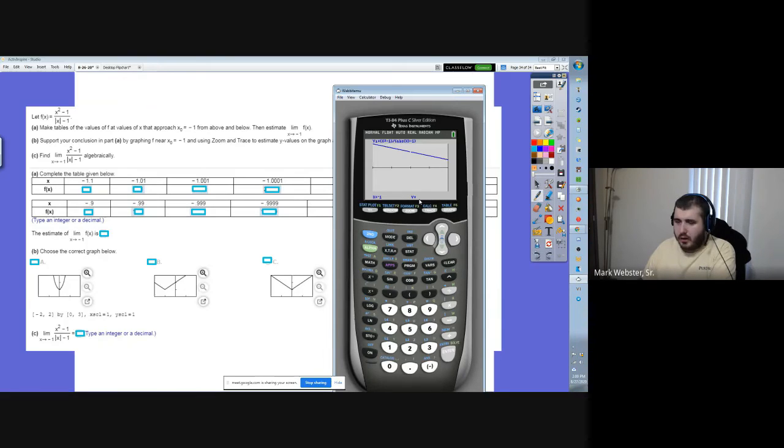Because it doesn't know. But what you can do is use the points approaching -1. So like if I wanted to do -1.1, that'll give me the answer, right? That had better be 2.1.